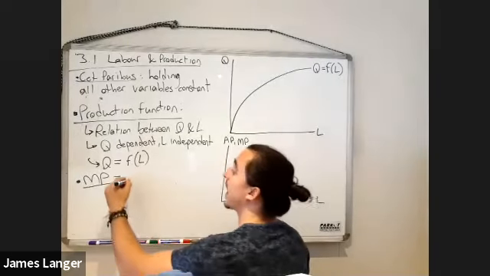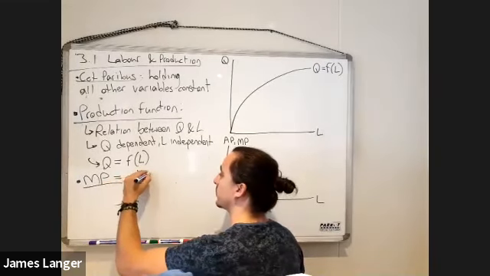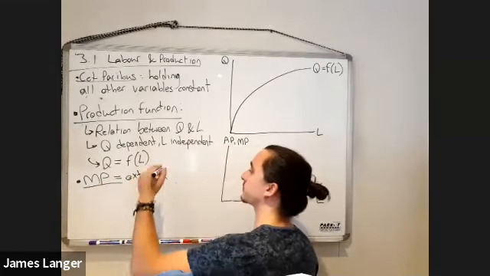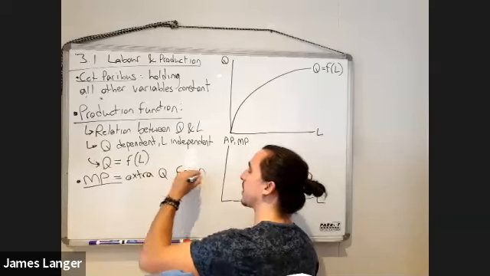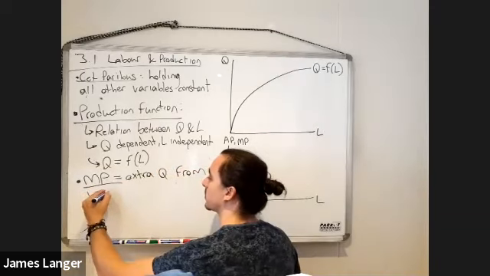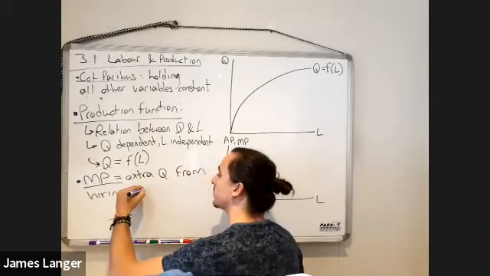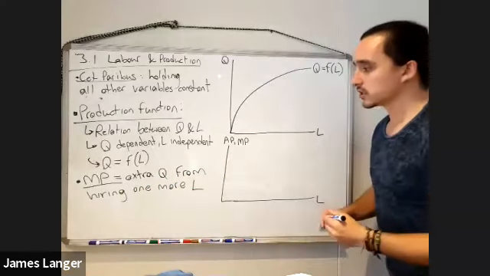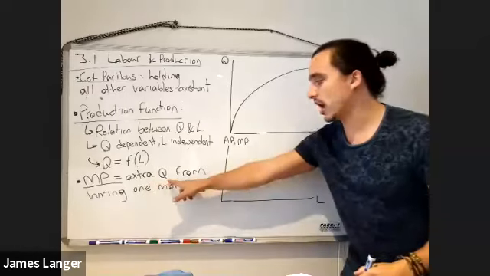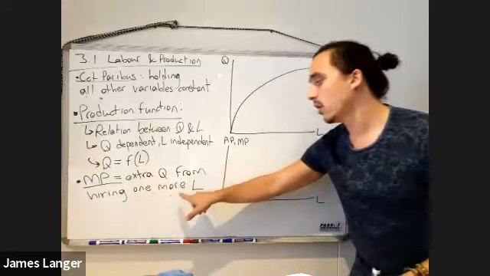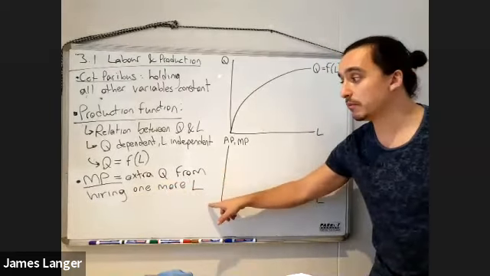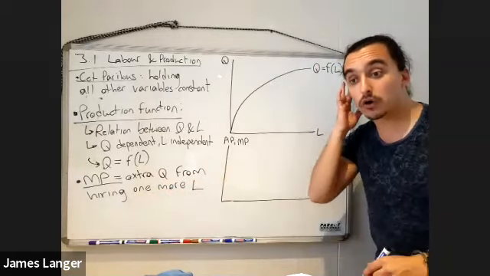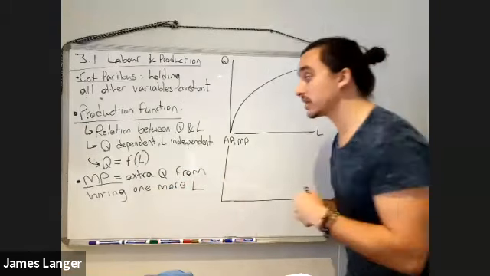It's the extra Q from hiring one more L. Marginal product is the extra output that we get from hiring one more unit of labor.